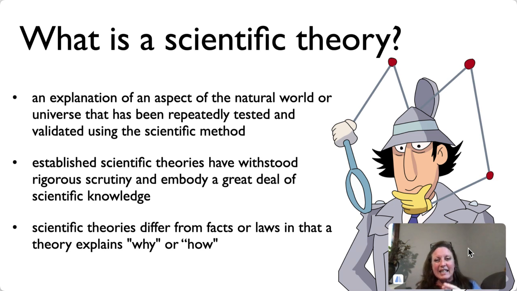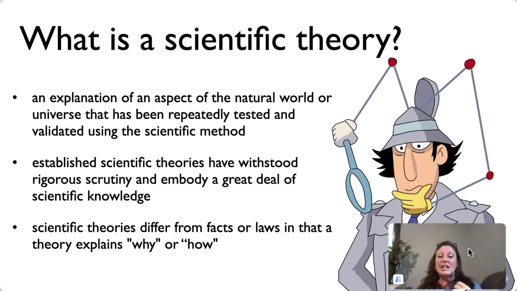But in a scientific theory, what we're talking about is an explanation of an aspect of the natural world or the universe that's been repeatedly tested and validated using the scientific method. That means it's not one individual going, I think evolution. It's actually a huge group of scientists who agree to test things rigorously and report their results honestly.